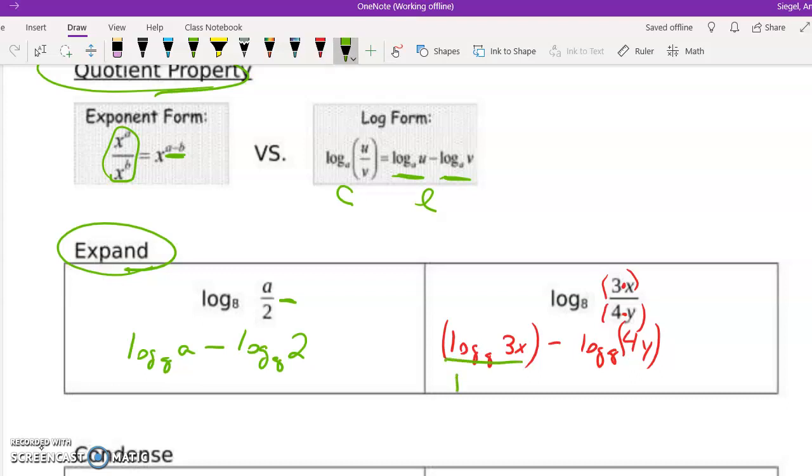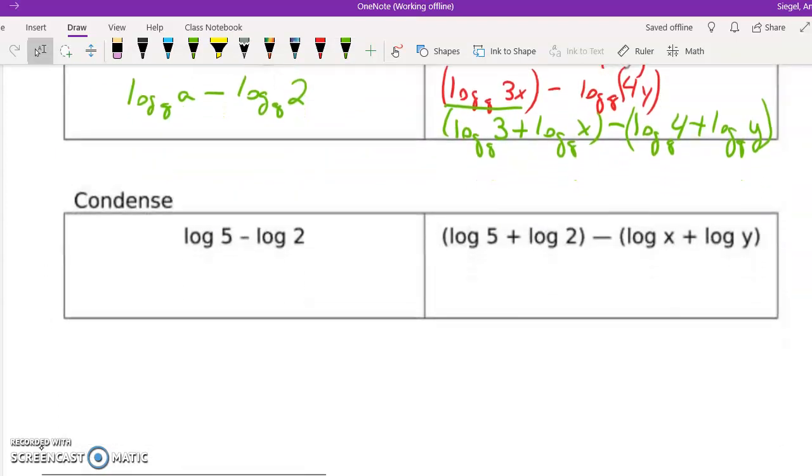So I'm going to have log base 8 of 3 plus log base 8 of x, and I'm going to go ahead and put it in parentheses. And then minus log base 8 of 4 plus log base 8 of y. And again, go ahead and put those in parentheses.